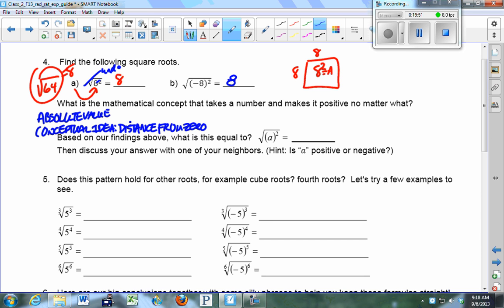Unless, like in Math 106, our books always said, assume x is positive. So we kind of got away with it in Math 106 or 096. But now we're not going to assume anything about a. So when I write the answer here, what should that answer be so that it covers me in both of these situations?